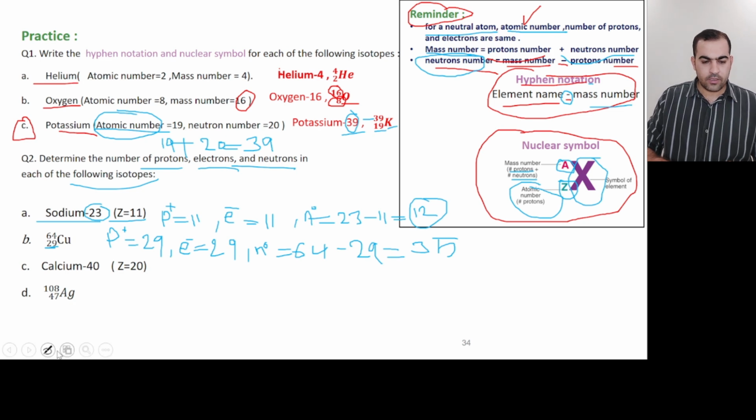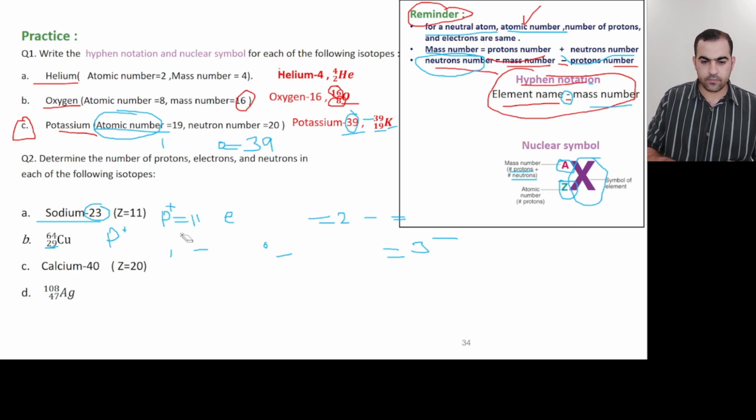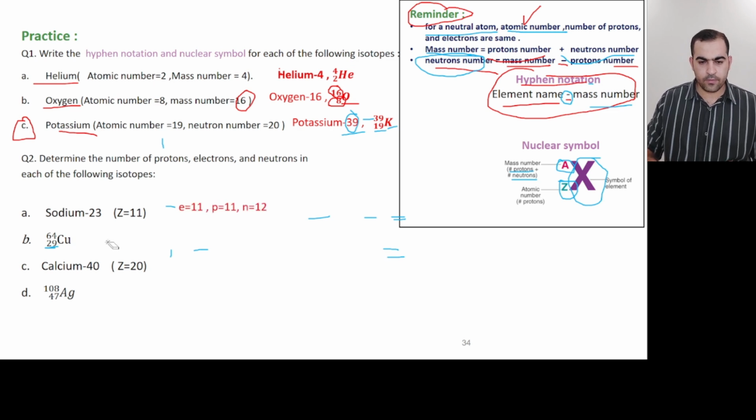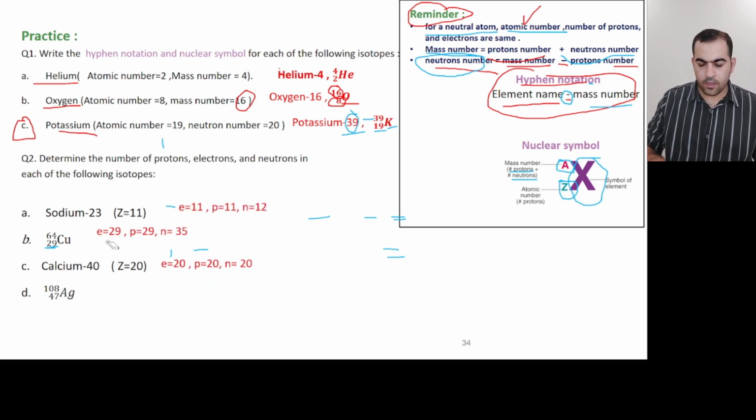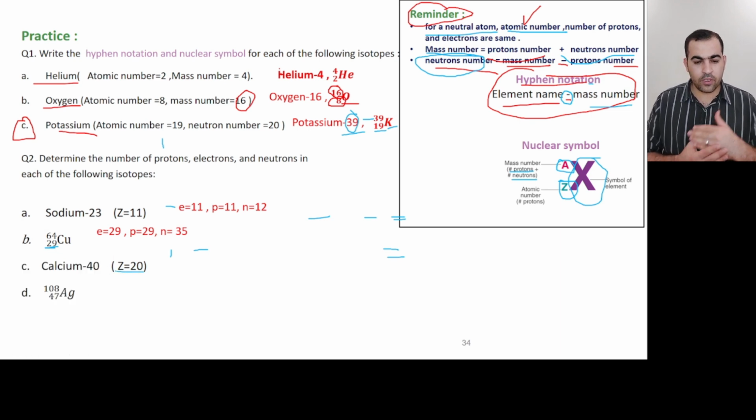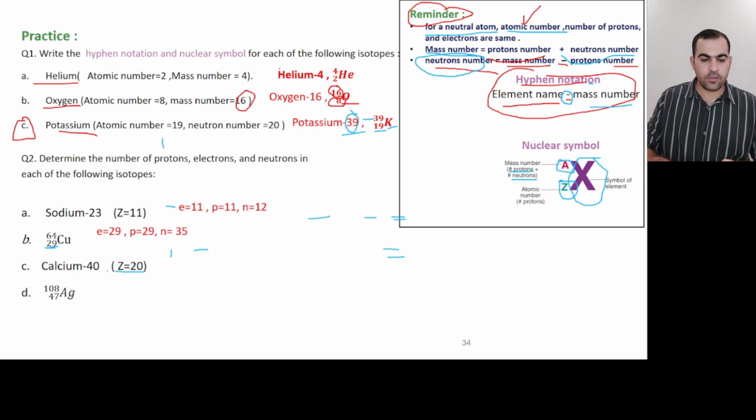Calcium, let me erase this and give you the exact answers. For the calcium, it is 40, and Z equals 20, which means protons number 20, electrons number 20. 40 minus 20 equals the neutrons number, mass number minus protons.